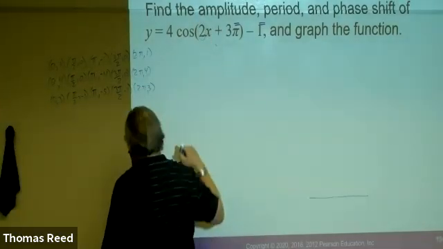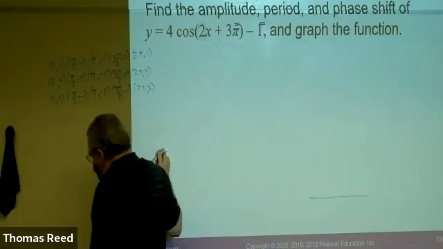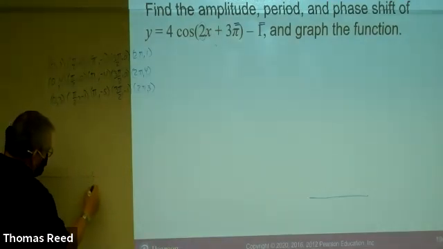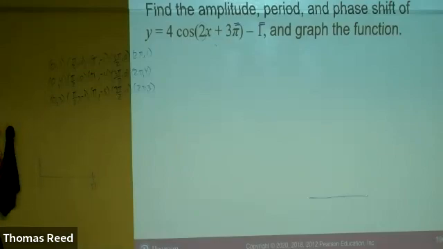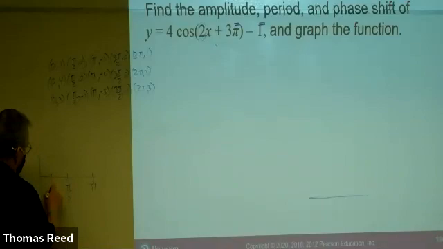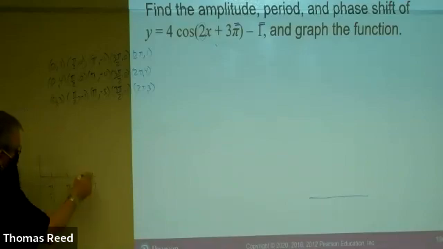I mean, the period change. So now it goes from 0 to pi, because 2 pi divided by 2. And so here we have half a pi, and then 1/4 pi and 3/4 pi are our 5 x values now.